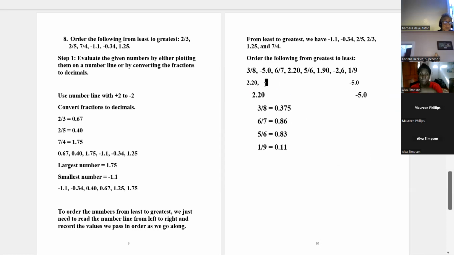Okay, so what's the one after the 2.20, Maureen? What did you get? Greatest to least, what's the next biggest one? 0.375? No. 2.20. What's your next? And then it's 0.375? No, what's the next biggest number to 2.20?